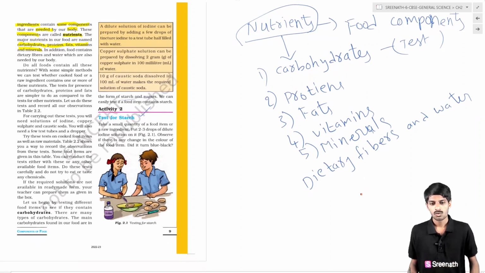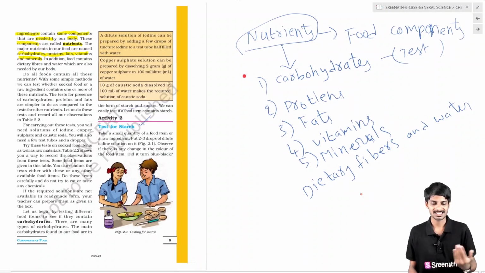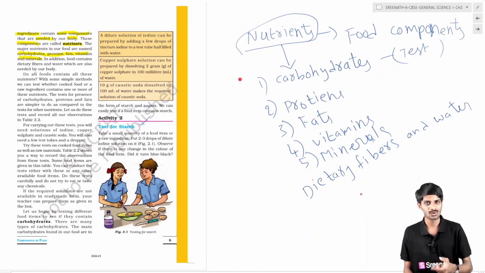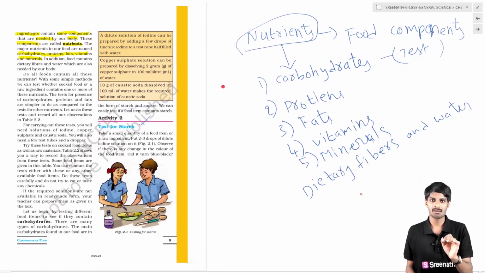Before starting the tests, we need some solutions. If you have those solutions ready-made, you can use them. Otherwise, I will help you prepare them. Here is a dilute solution of iodine. How to prepare it?